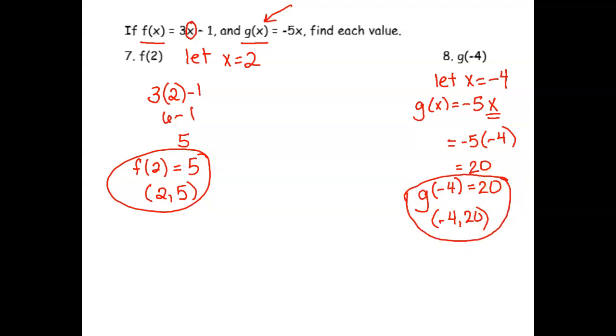Okay. All right, so number 9 did not get pulled into my flip chart, so let's just add number 9 here. But before we do number 9, I'm going to do a little side note here because this gets a little confusing. What if I had a function, this isn't in the notes, you can add it in. If I had a function that was f of x is equal to 3x plus 2, and I said, what is f of a?